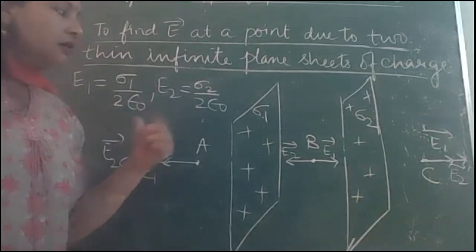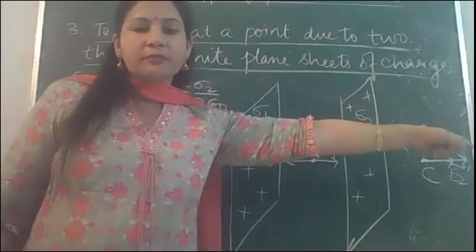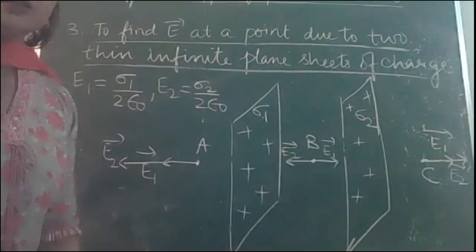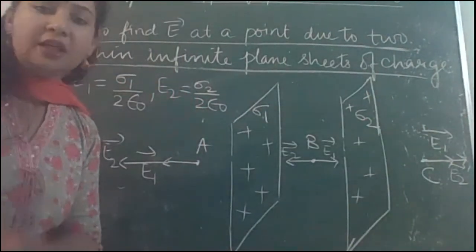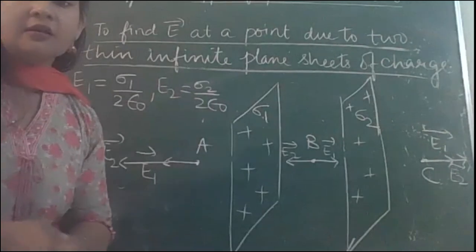E2 is this side और जो राइट पे है उस पे E2 will be that side. तो ये बताइए किसको E1 E2 की डायरेक्शन समझ में नहीं आई और मैग्नीट्यूड समझ में नहीं आया? You can ask.